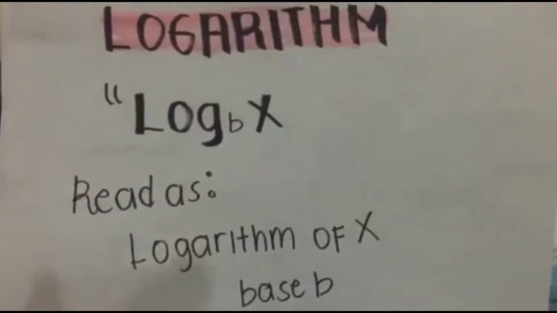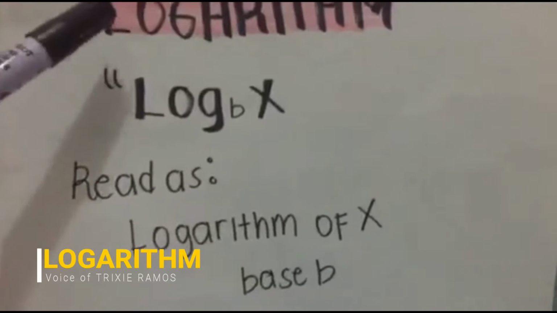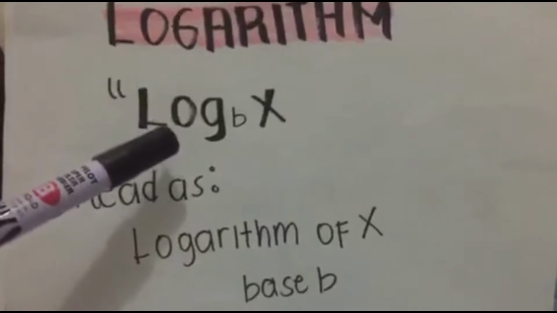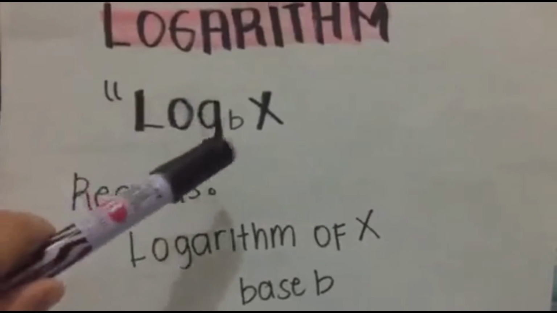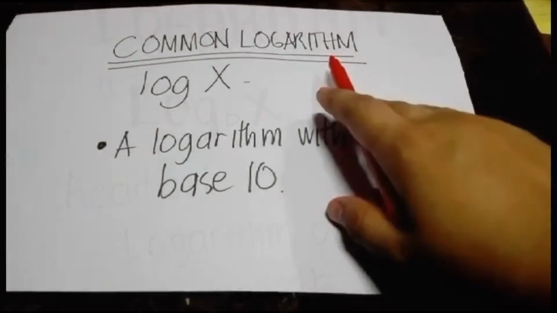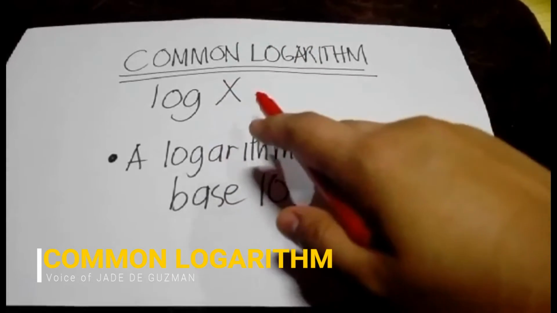So let's tackle logarithm. In mathematics, logarithm is the inverse function of exponentiation. This expression could also be read as logarithm of x to the base b. So, common logarithm, which is just written as logarithm of x.